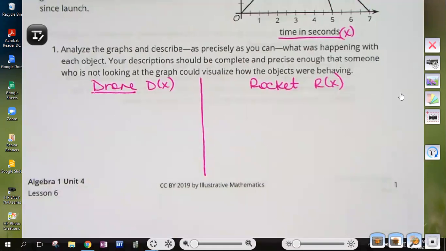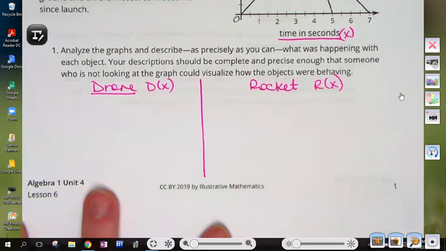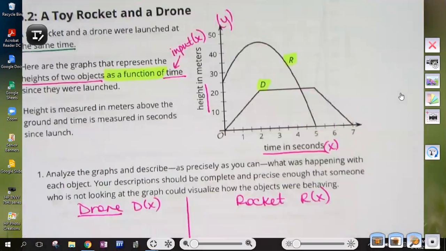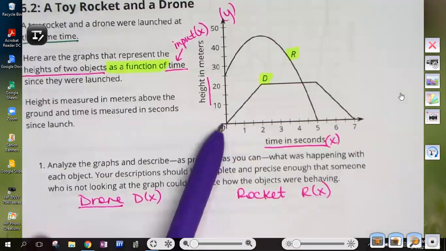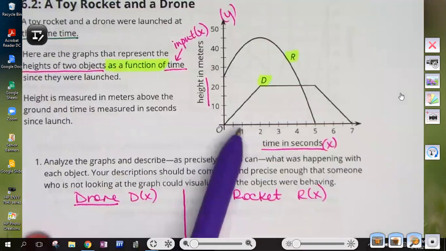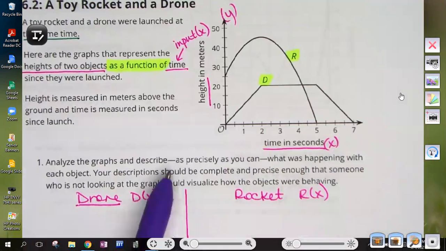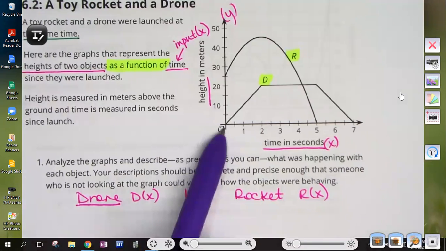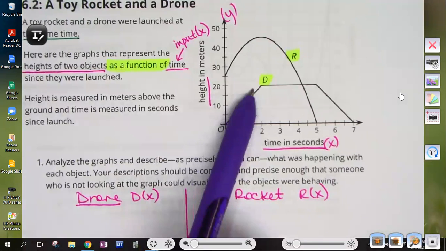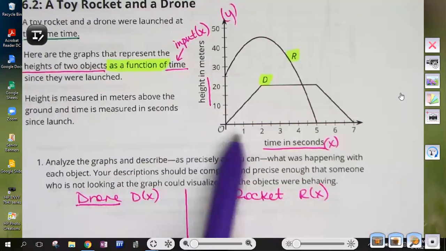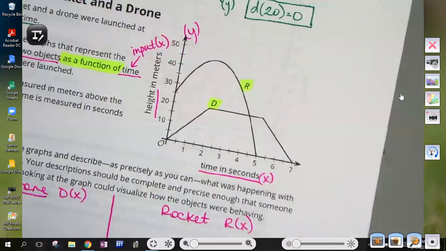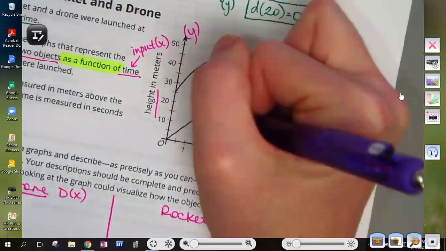So it wants us to describe what is happening. So we're looking at the drone. Okay, so it starts here. The time has started. So what's happening? What does it do first? It goes straight up. For how long? 2 seconds.